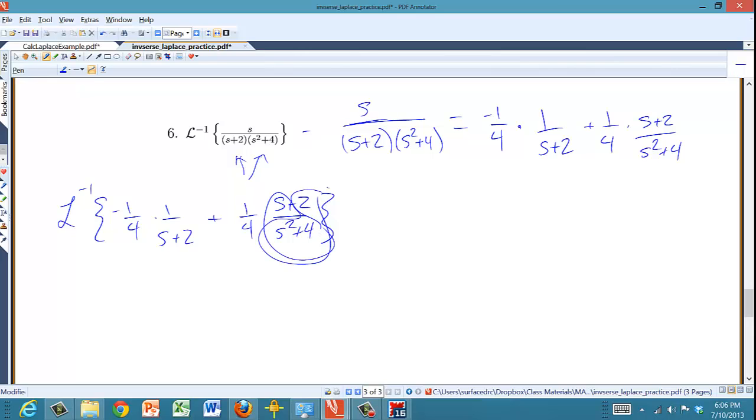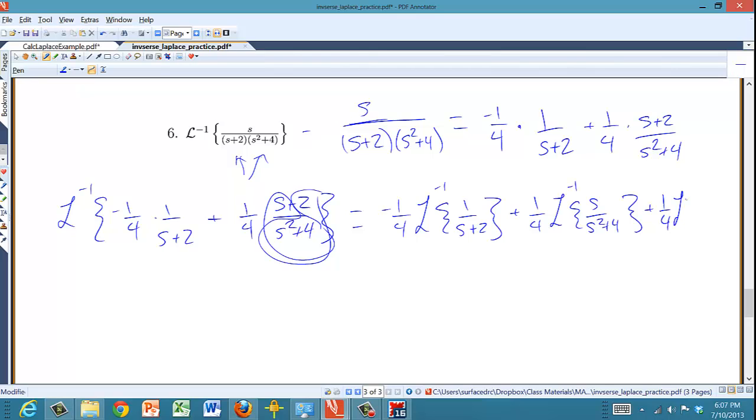But again, it shouldn't be any trouble to inverse Laplace transform. So this will be negative 1/4 inverse Laplace transform of 1 over s plus 2, plus 1/4 inverse Laplace transform of s over s squared plus 4, plus 1/4 inverse Laplace transform of 2 over s squared plus 4.